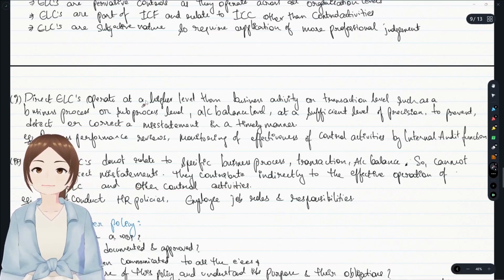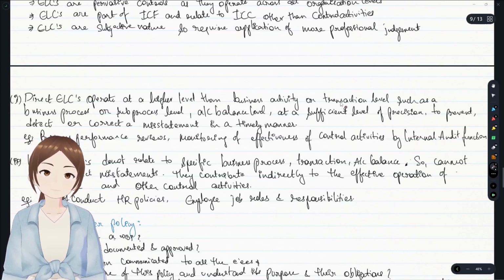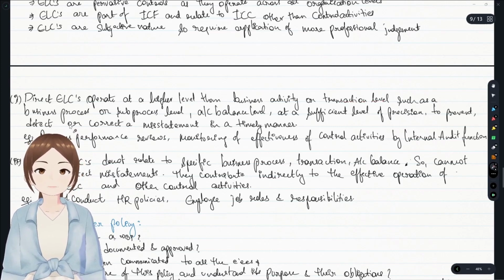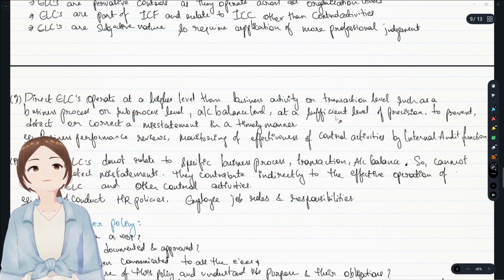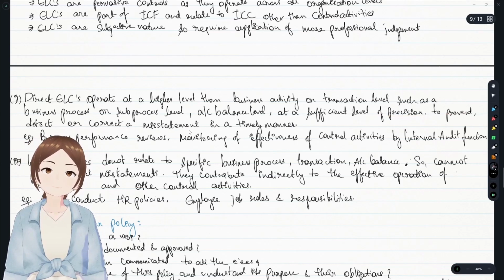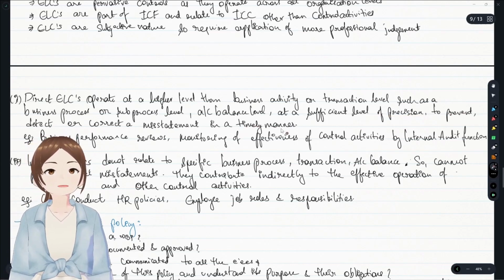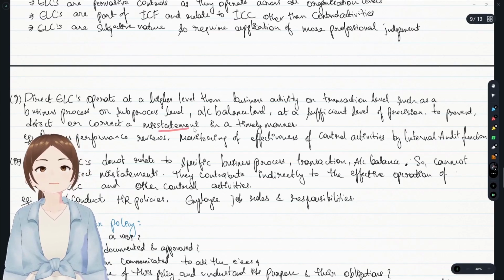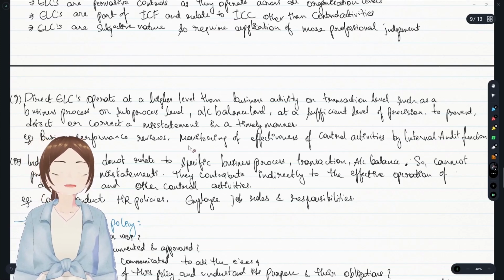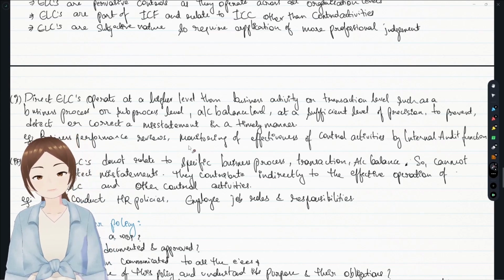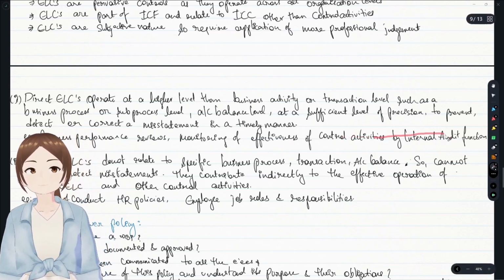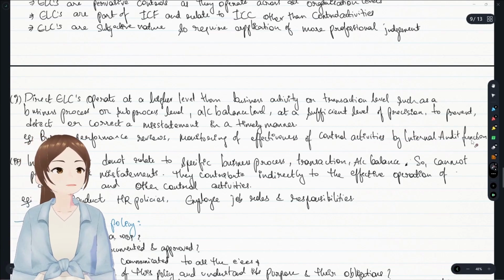Direct ELCs operate at a higher level than business activities or transaction levels, such as business process, sub-business process, or account balance level, at a sufficient level of precision to prevent, detect, or correct a misstatement in a timely manner. Like business process reviews in SCMP, balanced scorecards, and monitoring of control activities by the internal audit function.